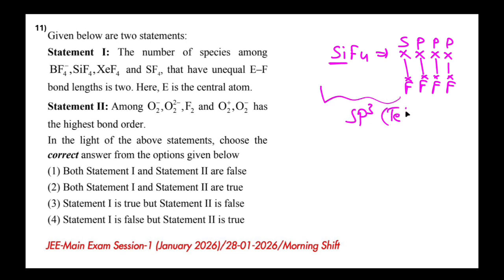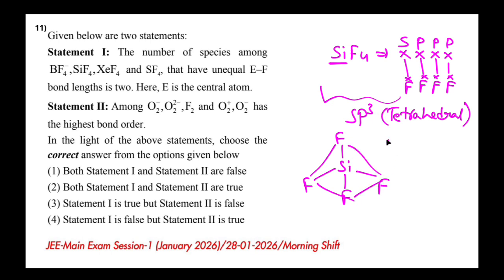That's why this also shows tetrahedral arrangement. In the tetrahedral arrangement of silicon tetrafluoride, all Si-F bond lengths are the same, since silicon is symmetrically surrounded by all fluorine atoms in tetrahedral manner.